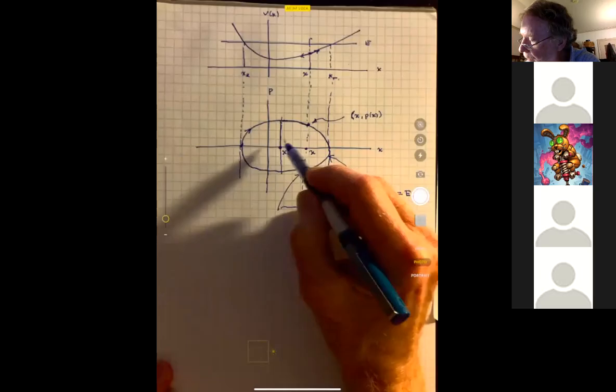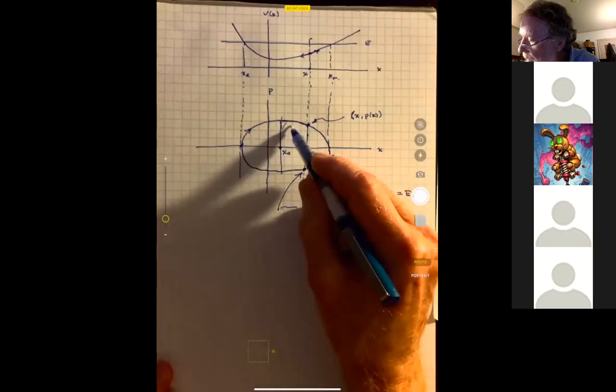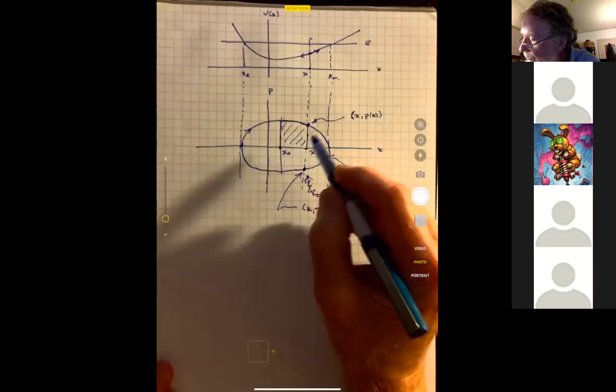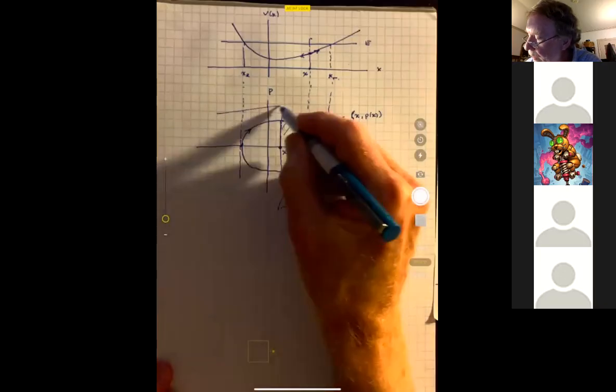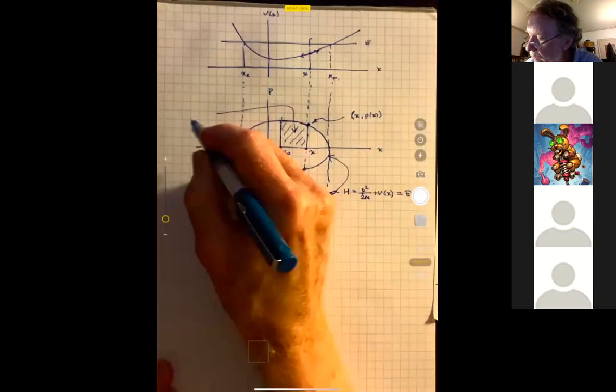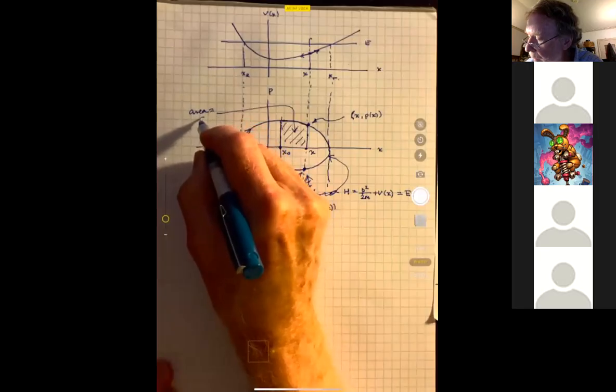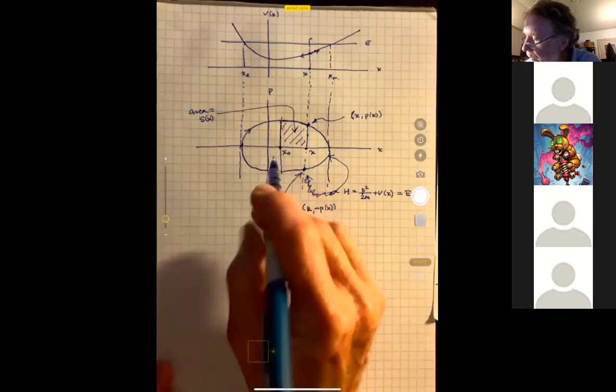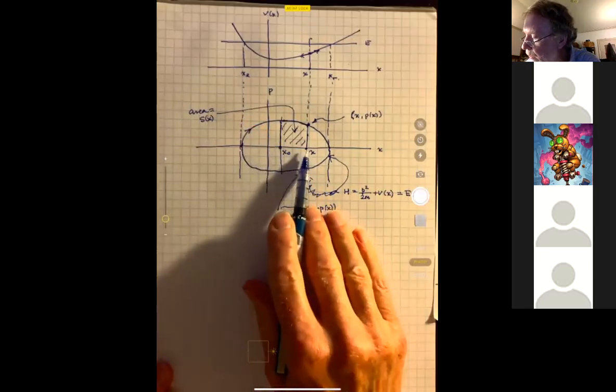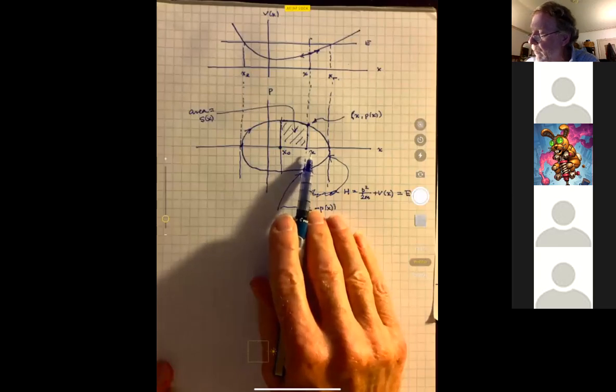So the integral of p of x dx is nothing but the area under the curve. And so that area right there is the function S of x, measured relative to an initial starting point and then going over to the final place x, like this.